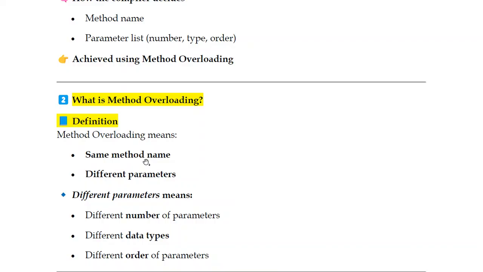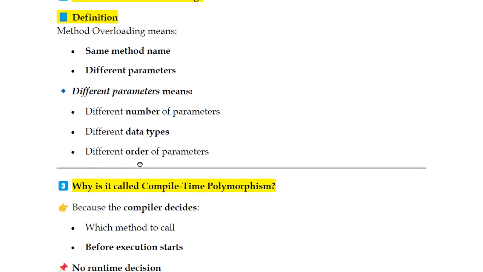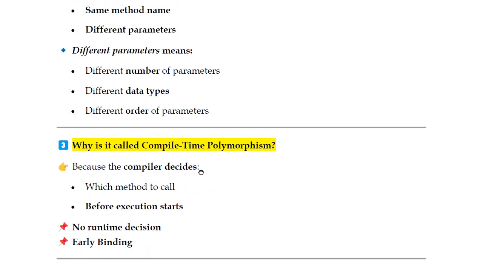Method overloading means using the same method name but differing by parameters: number of parameters, data types, or order of parameters. The compiler decides at compilation time itself, before execution starts, which method to call. It is called early binding.